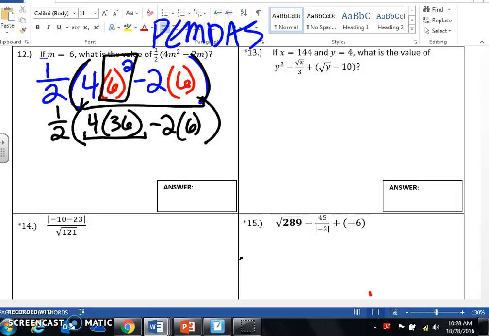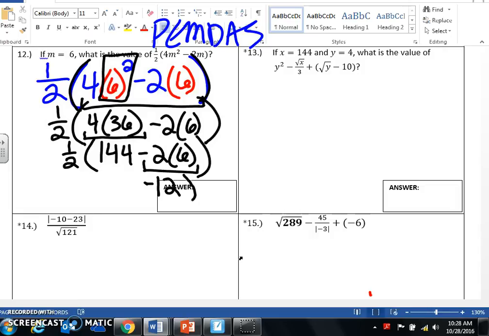Okay, so now within parentheses, I do 4 times 36, which is 144. Now I still got multiplication. Negative 2 times 6 is negative 12. Still got parentheses. 144 minus 12 is 132.